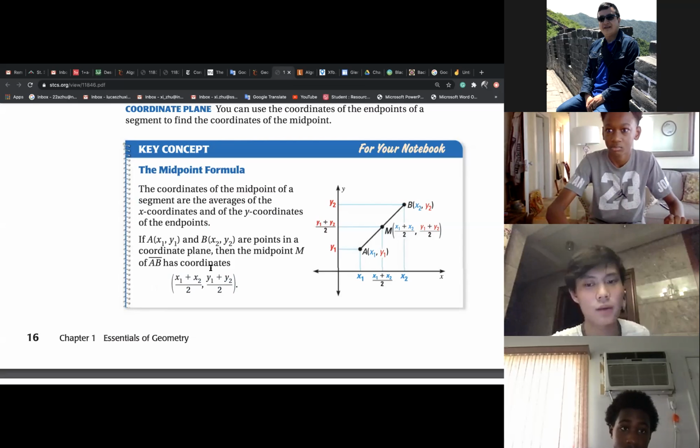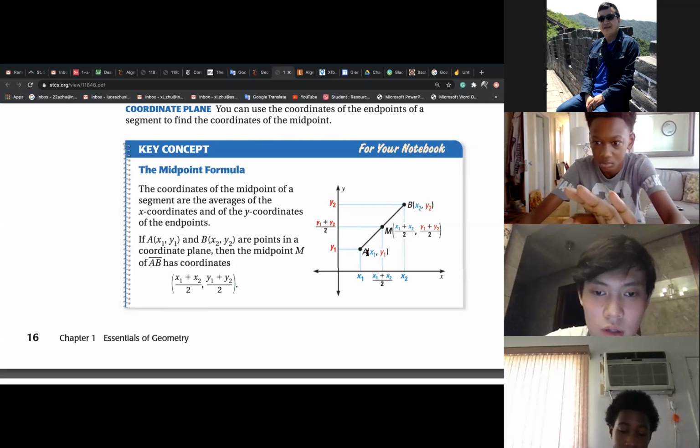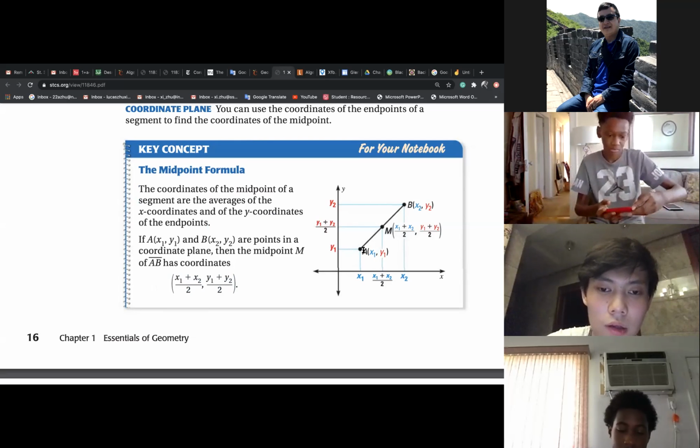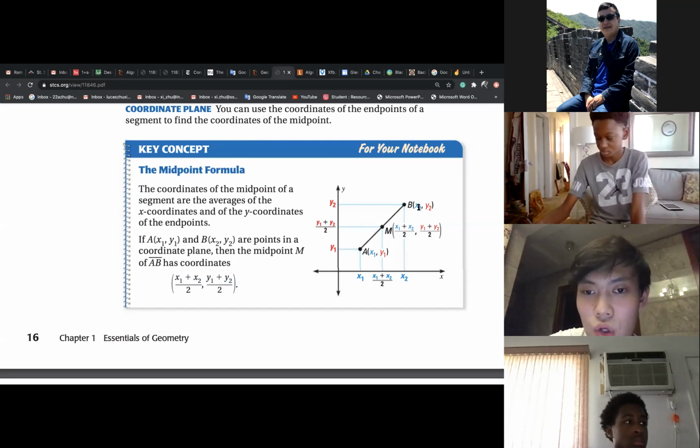It's quite simple. If you have a line on the coordinate plane, between line AB, point A is x1 and y1, and B is x2 and y2. Those are the coordinates for them.